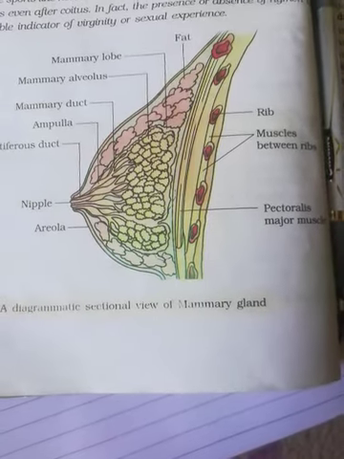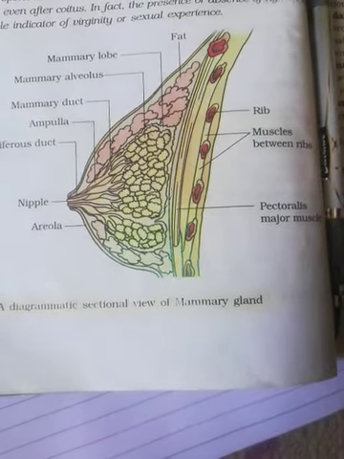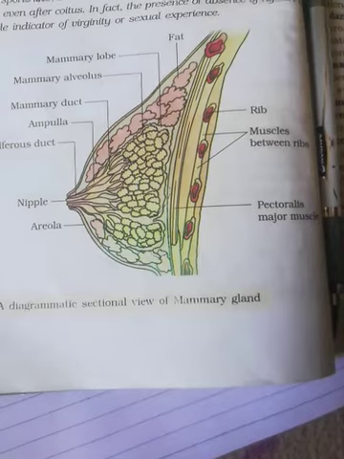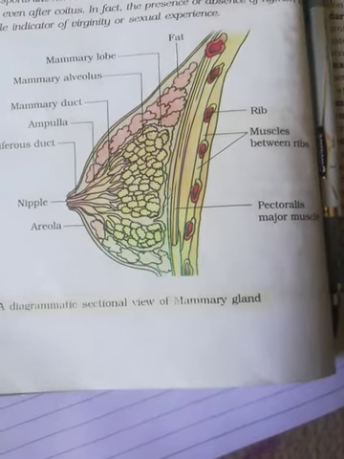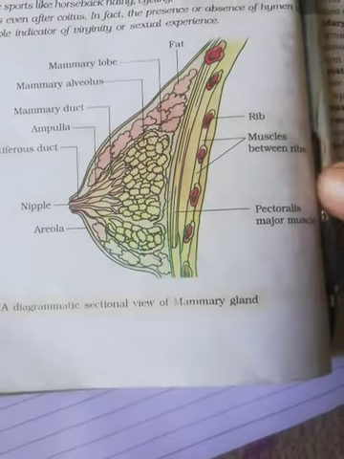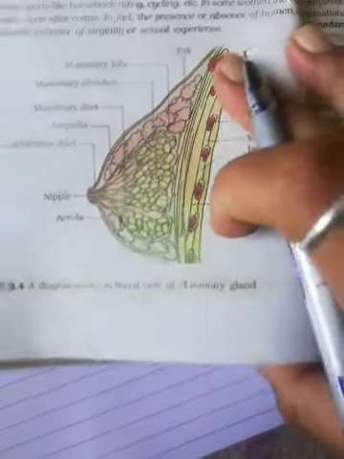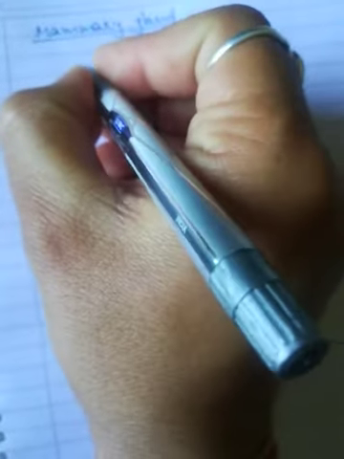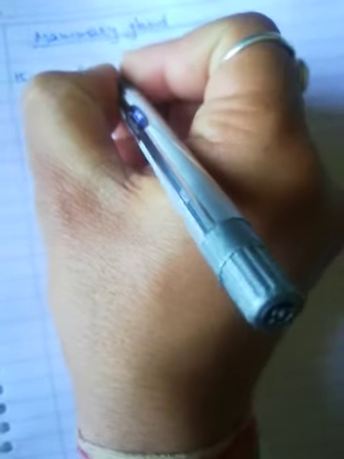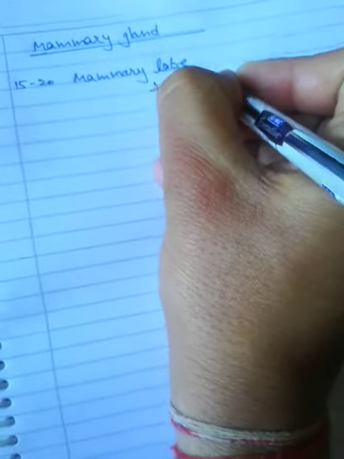From the mammary duct it passes into the mammary ampulla, and finally various mammary ampullae join together and form the lactiferous duct, from where the milk is sucked out. Once again, initially there are 15 to 20 mammary lobes. Each lobe contains alveoli.